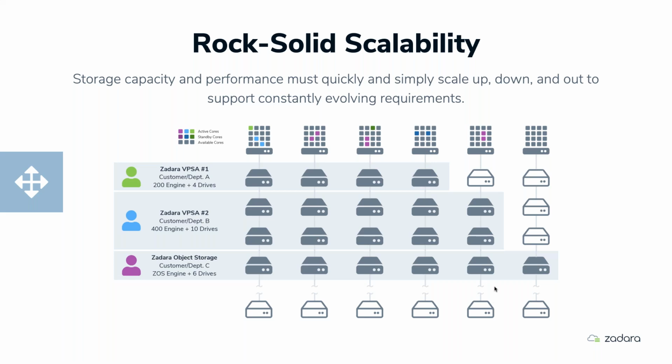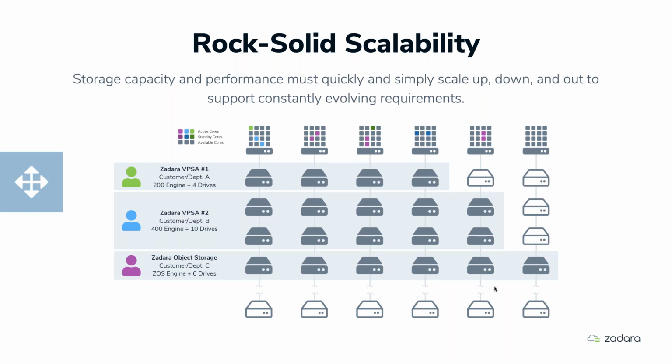And that goes for user number two, who has a much bigger array, therefore has a bigger engine, our 400 series, and we can talk later about those engines. But of course, matching the right engine to the array makes a big difference in terms of how it performs. And we provide all kinds of guidance on that, and all kinds of choices to our users so that they can custom tailor a solution that meets their needs.